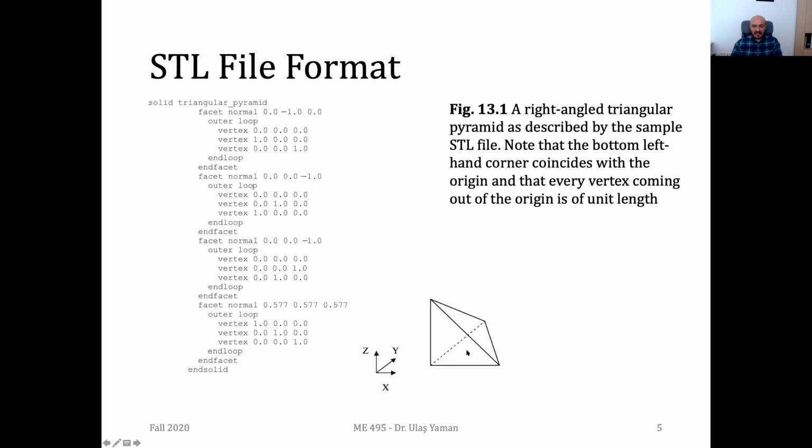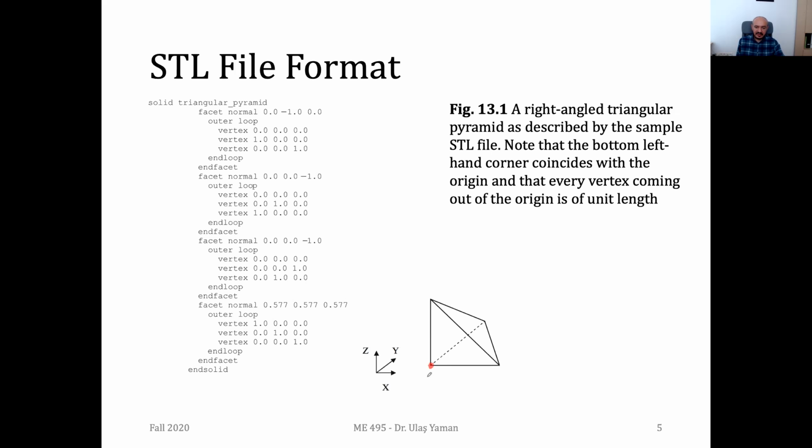Here you see a simple tetrahedron, which has obviously 4 faces: 3 on the sides, and 1 underneath. And in the STL file format, we are always assuming that the left bottommost corner is our origin.